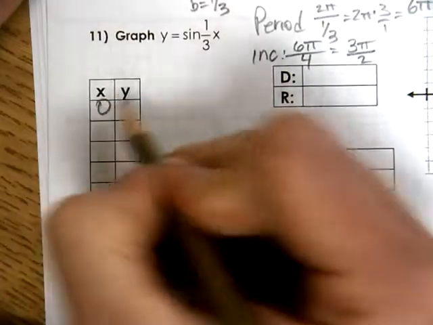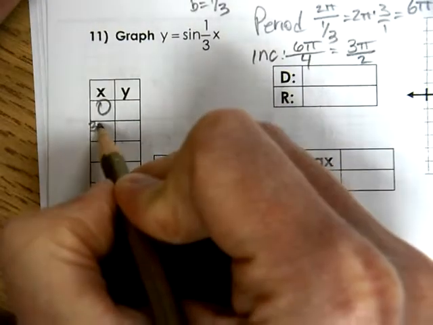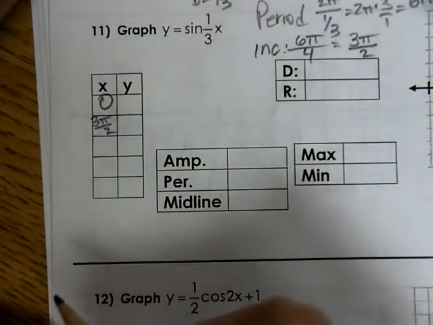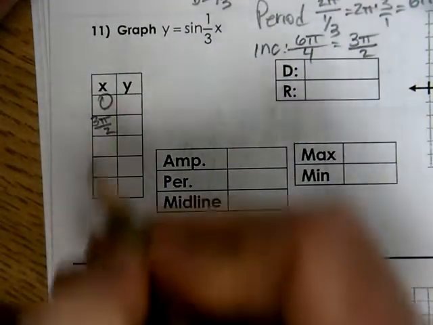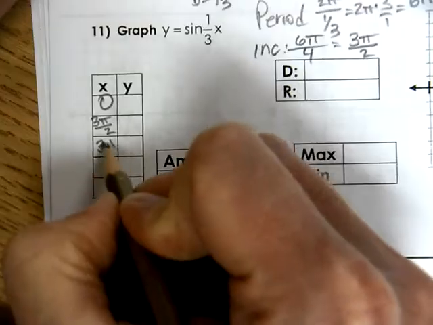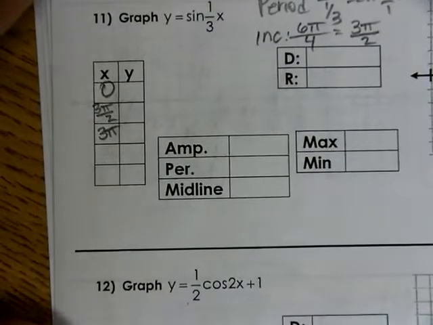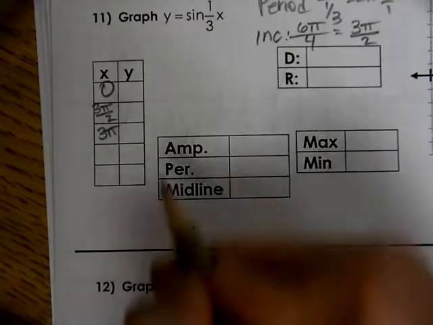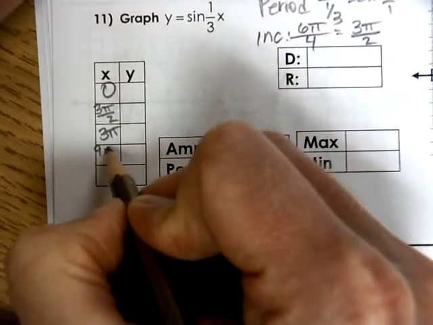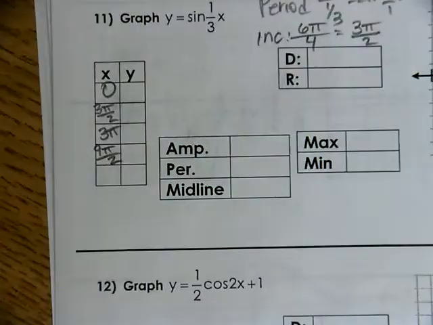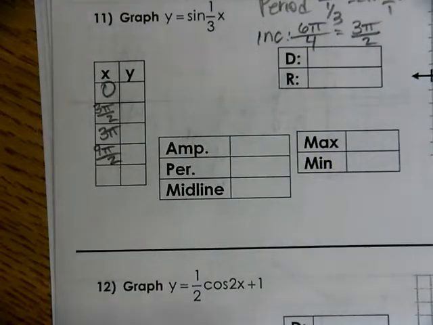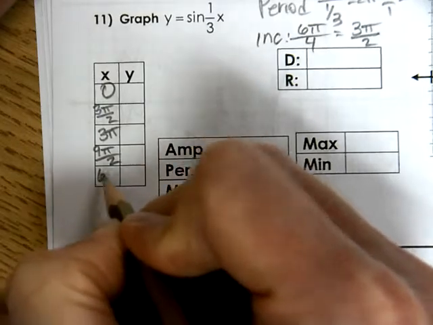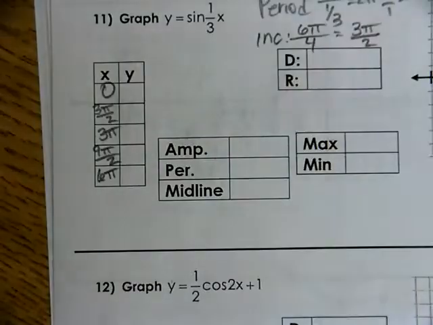So we're going to start at 0, then we'll be at 3 pi over 2, and then another 3 pi over 2 is 6 pi over 2, which can be reduced. 6 pi over 2 plus 3 pi over 2 is 9 pi over 2, and then another 3 pi over 2 gives me 12 pi over 2, which is 6 pi.